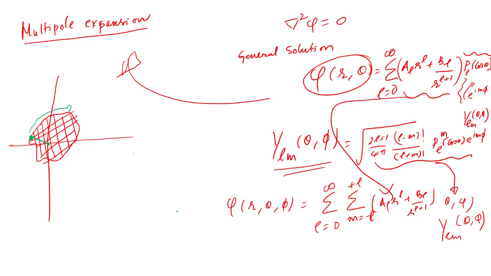And I'm interested in finding out, let's say, the potential at some point here. Then we connect that from the origin. We call this R, and we call this R prime. So we are integrating over R prime, right? And the angle between R prime and R is what we call theta. And this distance would be R minus R prime.